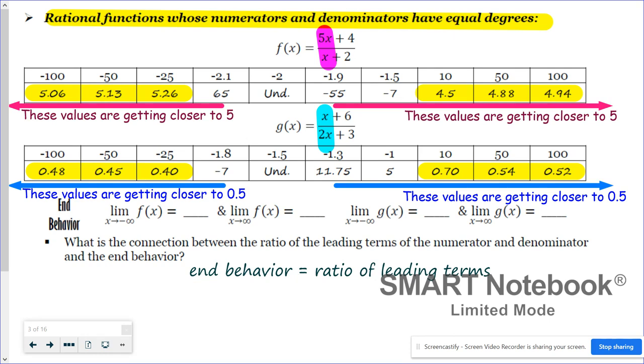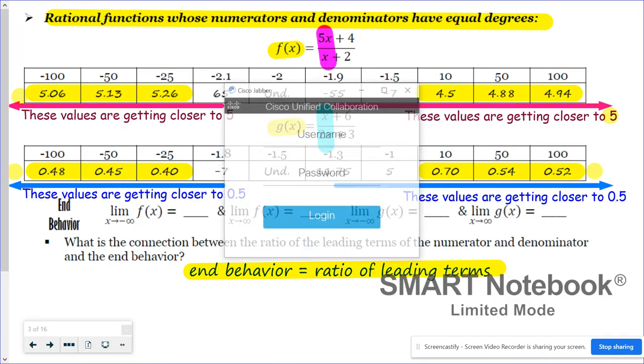And what we discovered is that when the numerator and the denominator are of equal degree, the end behavior is equal to the ratio of the leading terms. Okay, so the function f of x, the ratio of its leading terms is 5. And notice that the end behavior is also 5. G of x, its ratio is 1/2. And notice the end behavior is also 1/2.